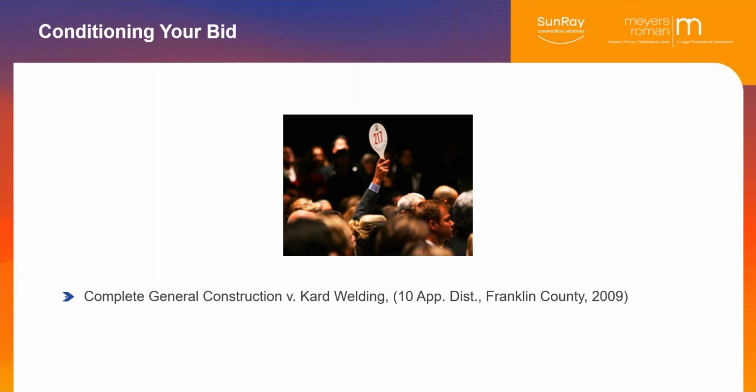Contracting in construction is different than contracting just about anywhere else, because in general, you make an offer, the other side accepts the offer, rejects the offer, makes a counter offer, something like that.